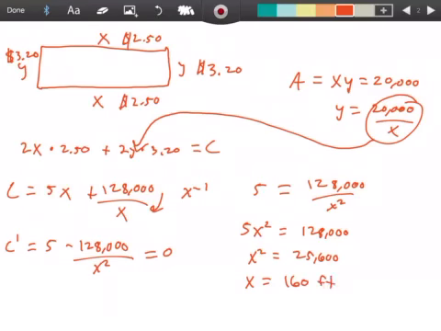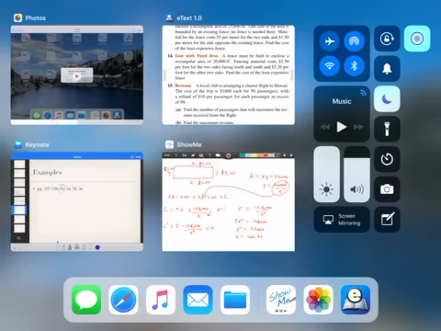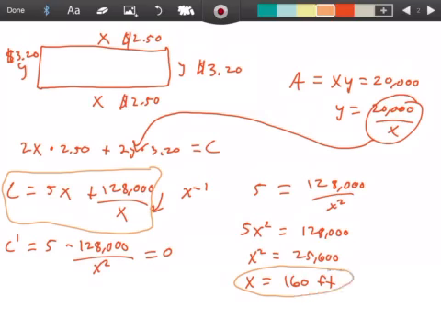Now, let's go back to the question and make sure we're answering it. Find the cost of the least expensive fence. So the cost function is this guy right here. Now that we know that when x is 160 feet, we will minimize here, we can actually figure out what that minimum cost is.